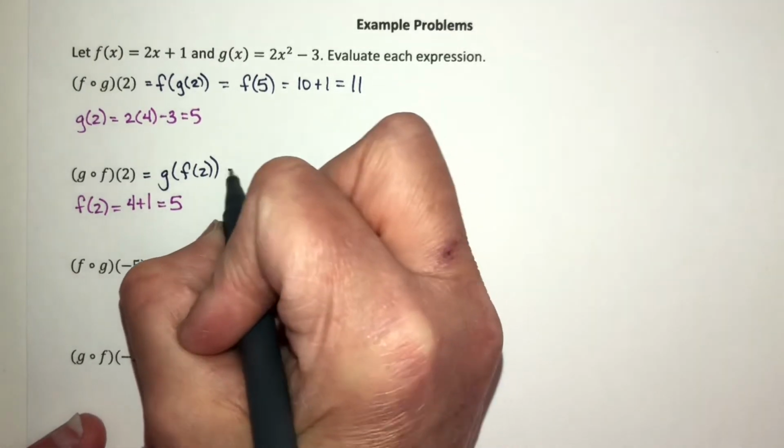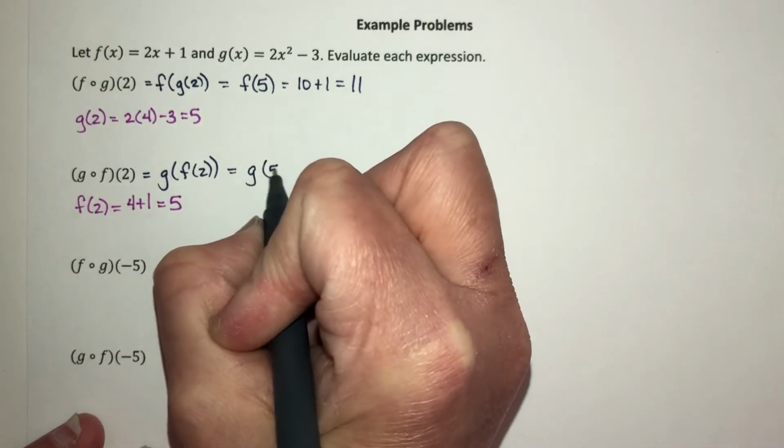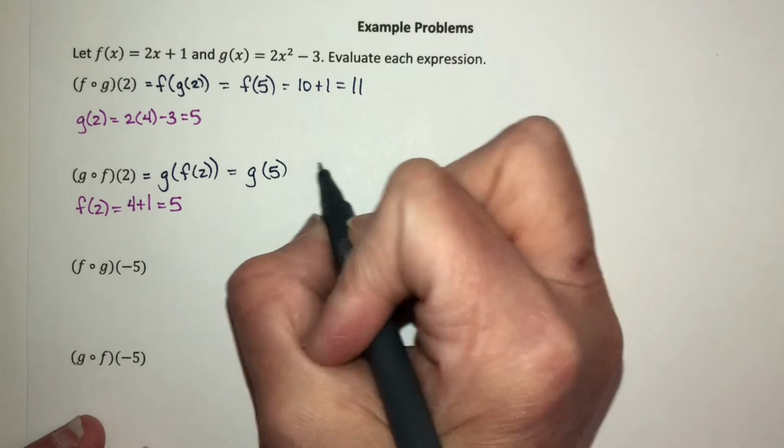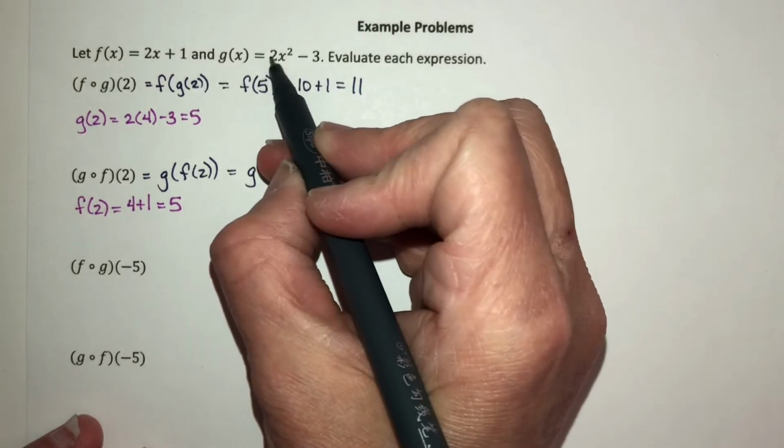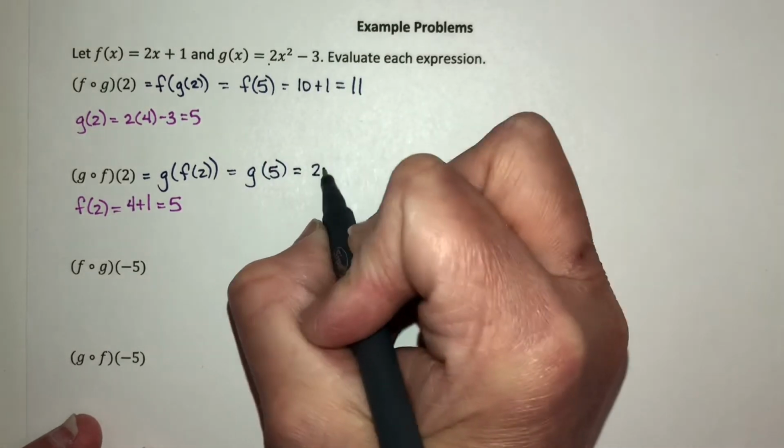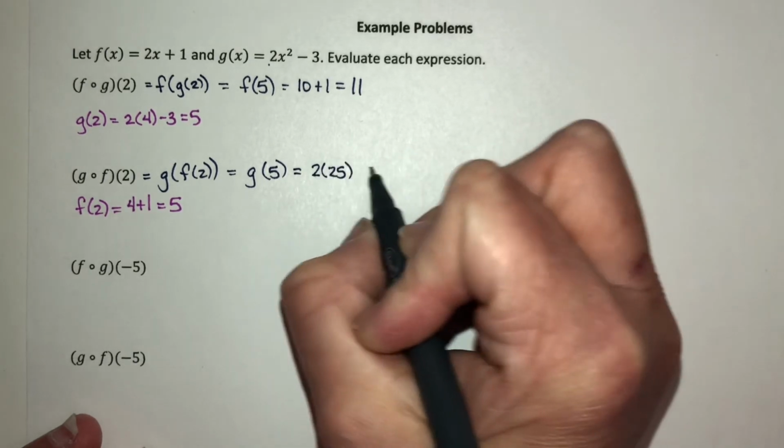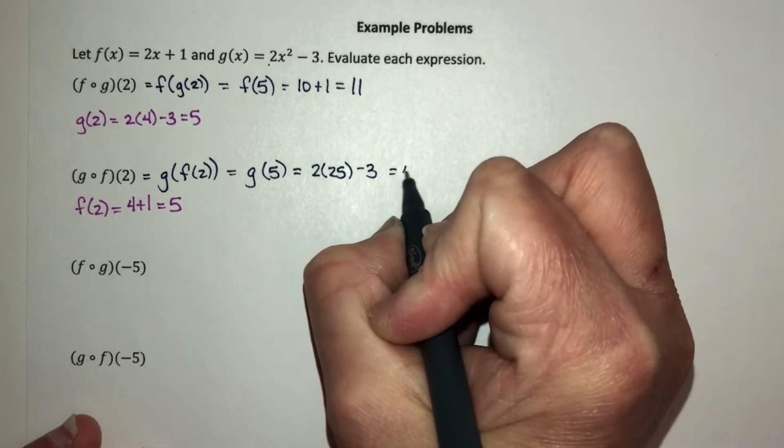So I have g of 5. So that is plugging that in here, 2 times 5 squared, so 2 times 25 minus 3. That's going to give you 47.